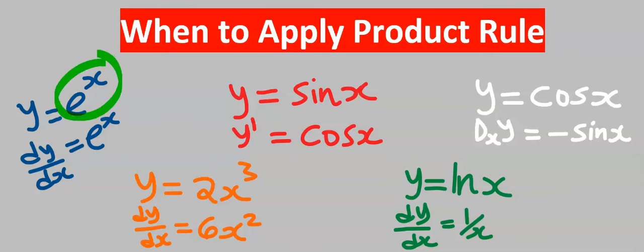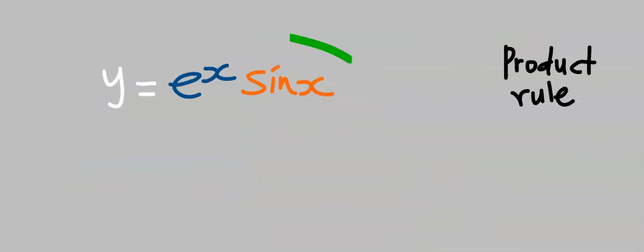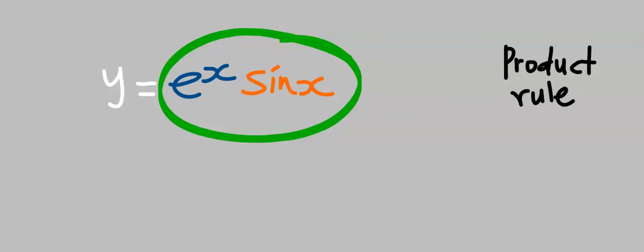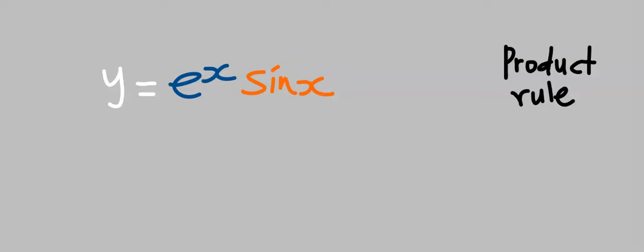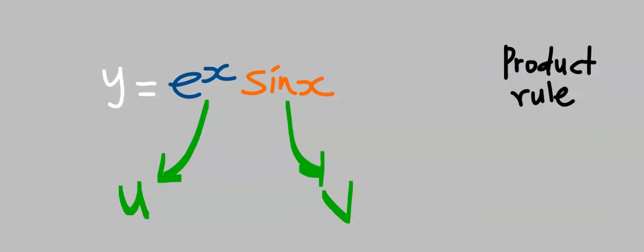We can do the same for other functions. When we put together two separate functions in one question, like this, then we're going to be thinking about product rule. In the formula, we're going to call this u, then we're going to call this v.